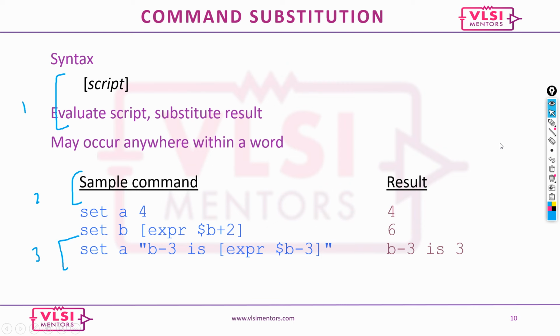Here the sample second command, and the result is six. Where is dollar B value getting four from? Hold on.